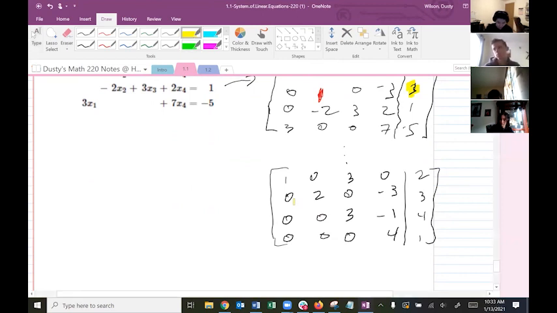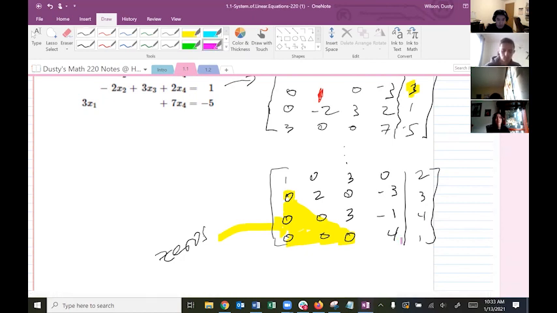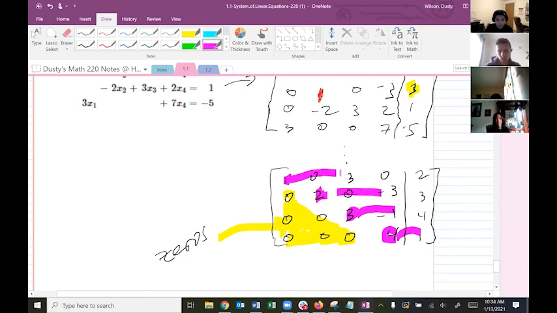Okay. So what I want to point out is a couple things. First of all, you have zeros everywhere down below. And then for each one of these, you have a number, and then it's going to have stuff after it.